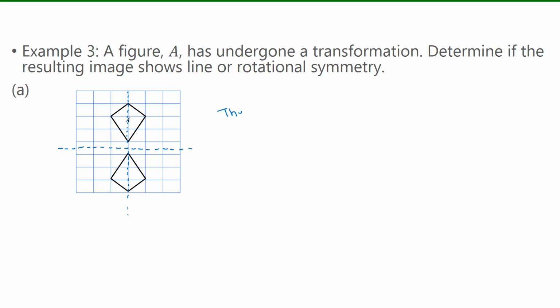So there are 2 lines of symmetry here. And if I were to rotate this figure about this point here, we would also have rotational symmetry. So there are 2 lines of symmetry and rotational symmetry of order 2.